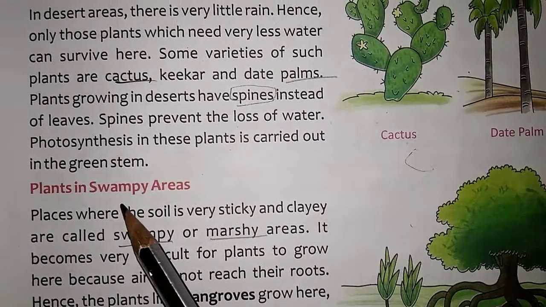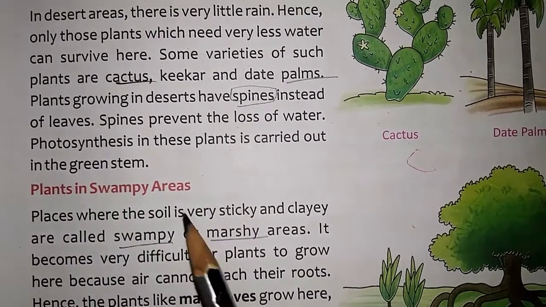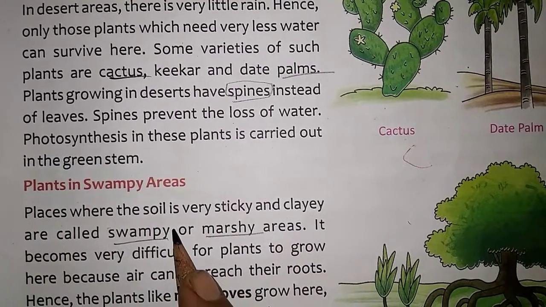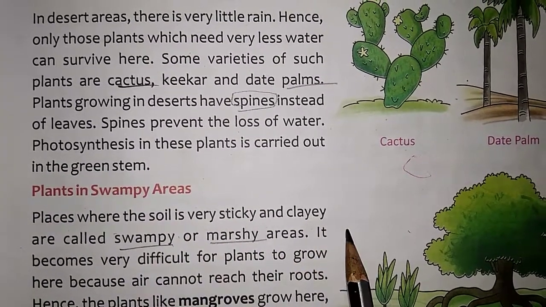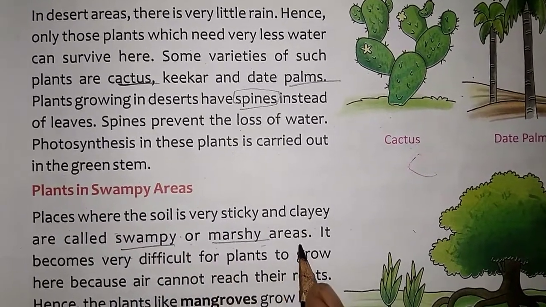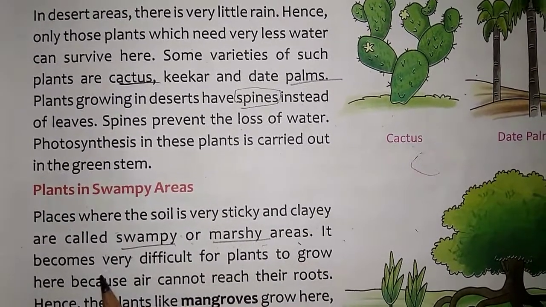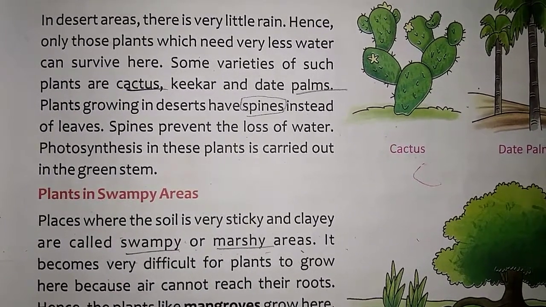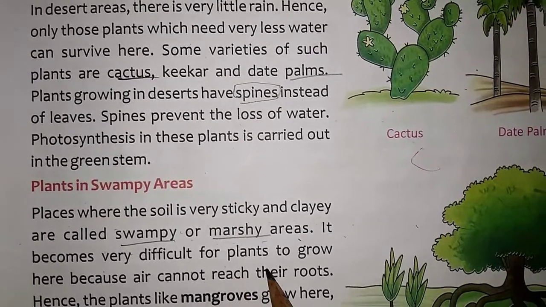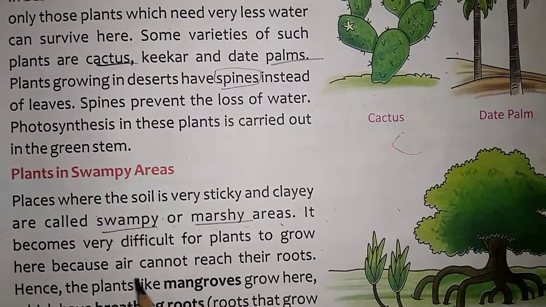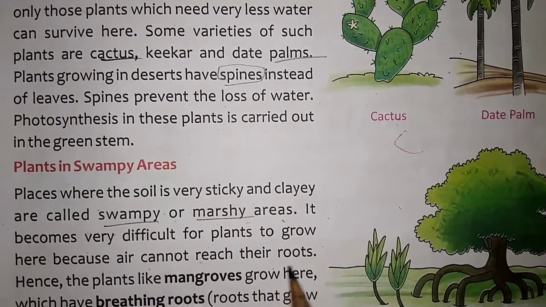Plants in swampy areas. Places where the soil is very sticky and clayey are called swampy or marshy areas. It becomes very difficult for the plants to grow here because air cannot reach their roots.